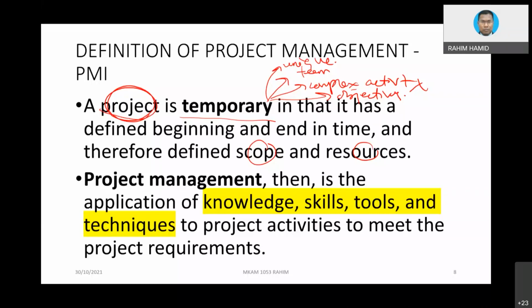And normally kenduri is a big event. It involves a lot of activities. If we go for a Datin's kenduri, they want it to be known as wedding of the year, artis for instance, and then they would engage a so-called wedding planner. And you know what? In Microsoft Project, there is a common template called wedding planner as an example. Meaning to say, even for a wedding, you can use Microsoft Project, but not for a simple wedding.